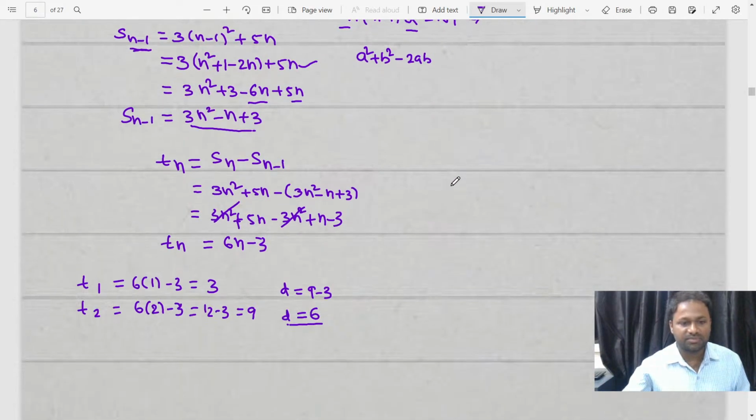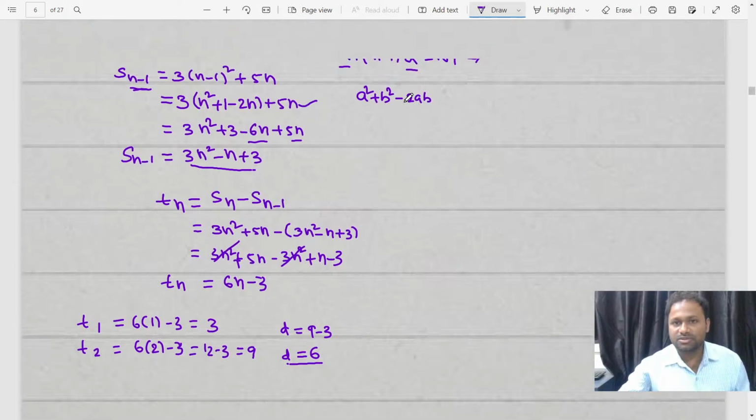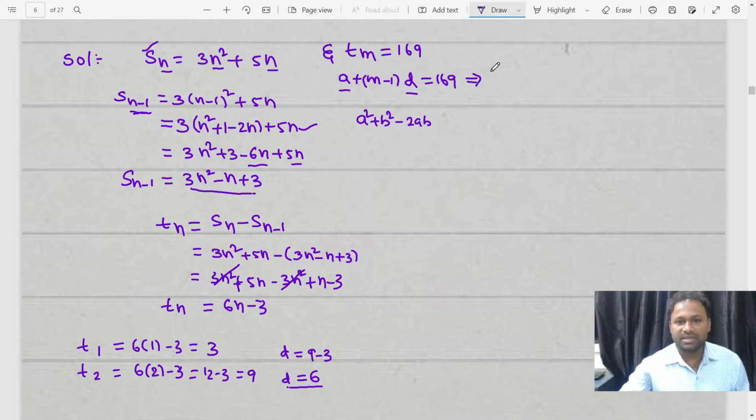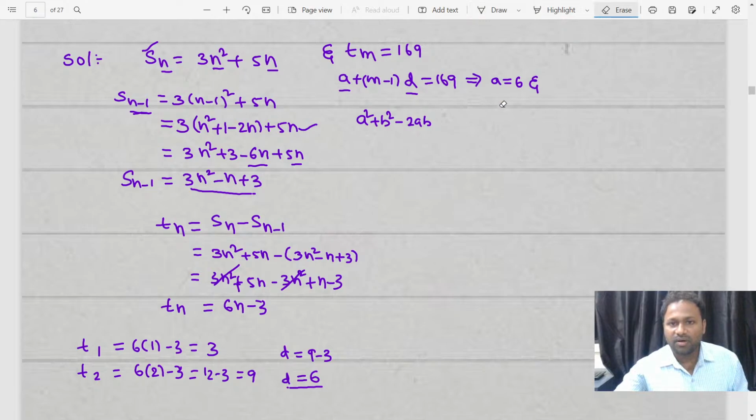How much is the first term? 6. The first term is 6, so A is equal to 6. And the common difference D is equal to how much? 3, we know. Right, I will substitute here.